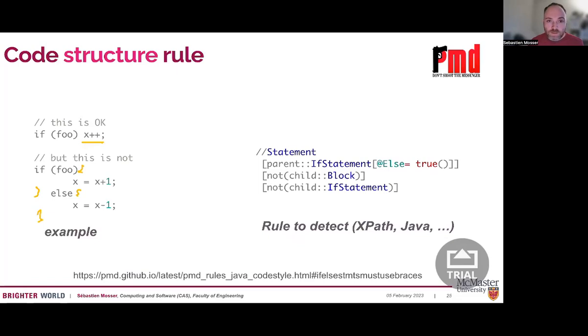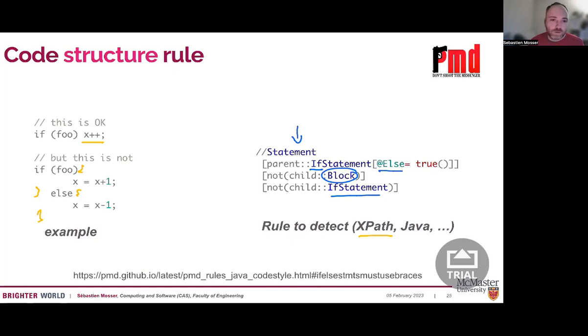To do this, we're basically defining rules. The way a rule is implemented can be pure Java, or pattern matching. In this case, it's using a language named XPath. We're not going to go into the details of XPath, but basically the rule is saying: take a statement, it's an if, and it has an else. Then if there's an else, there should be a block.